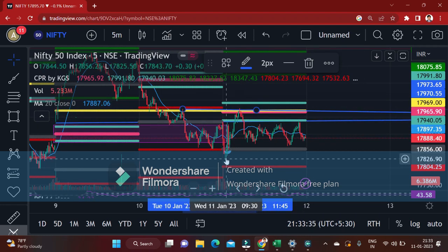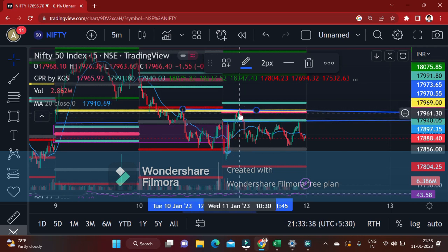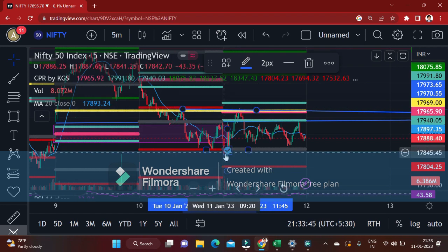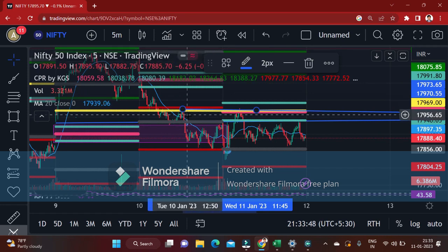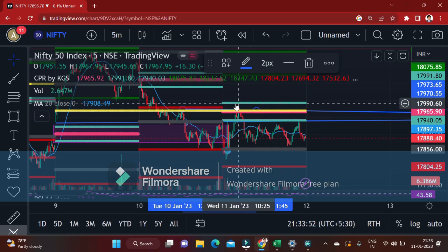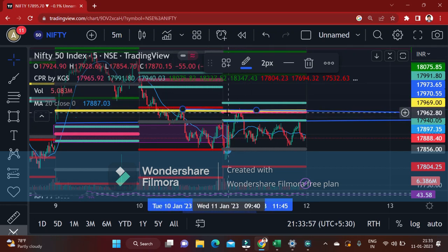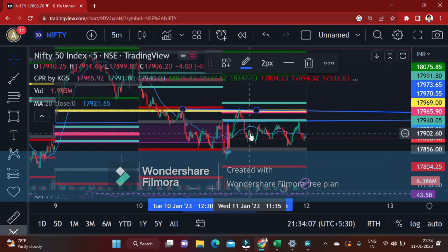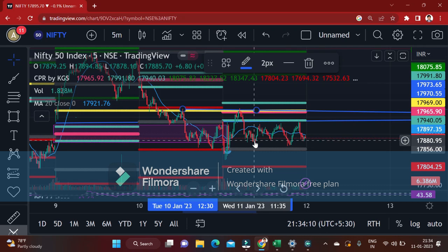Here this one gave a retracement, and here the market is negative, so taking a trade here is more probable, because the market is downward. It gave a retracement, and it's facing resistance at the resistance level, both the supply zone as well as CPR, and there is a bearish pin bar. So the chance of getting a reversal is more probable.